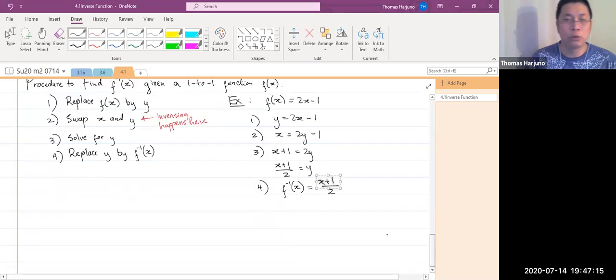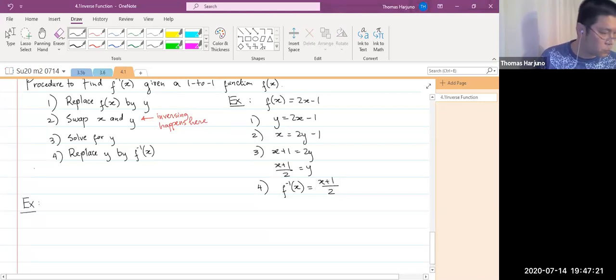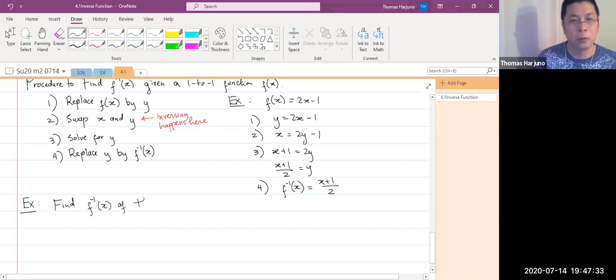Now, I would like you to try some examples while I fix my pen. For example, find the inverse function of the following one-to-one functions.